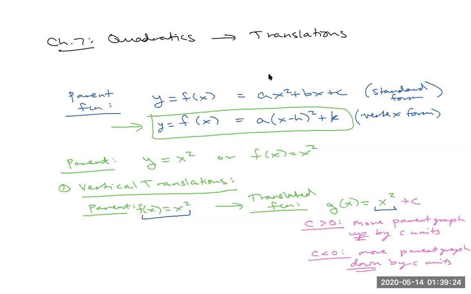So quick example off to the side. If I have y equals x squared as my parent, keep function form, f of x equals x squared is my parent, and we will compare g of x equals x squared plus 2, and h of x equals x squared minus 2.